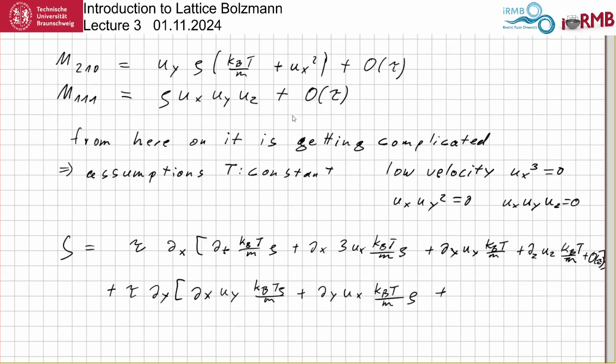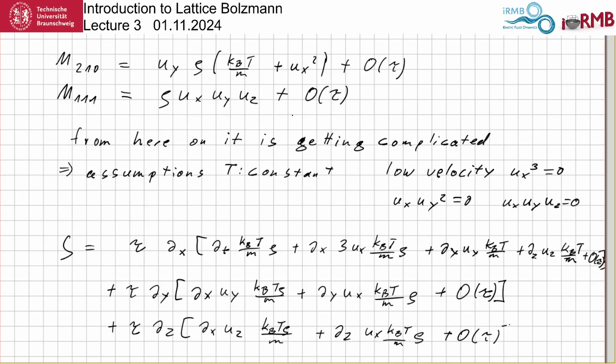So this is now shortened to this here, and then there is the third part that is tau dz dx u_z Boltzmann constant temperature rho divided by m plus dz u_x Boltzmann T divided by m and rho plus O(tau). I'm going to call this bracket up here S_x, because we take the derivative in x. I'm going to call this here S_y, and this here S_z.